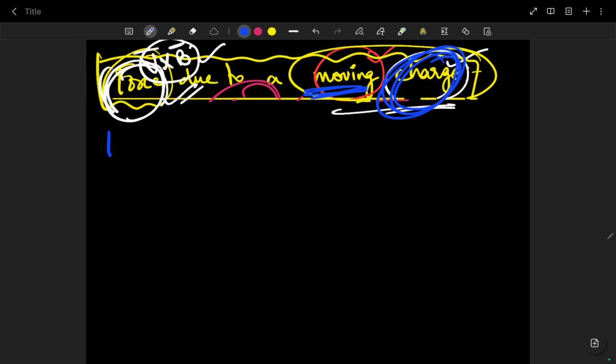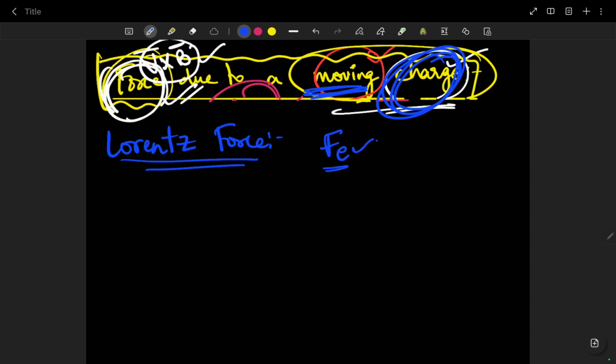Next discussion is about Lorentz force. So it is basically the vector sum, that means the total force. Obviously, now you would have understood that there are two forces that exist, right? You remember in chapter 1 we studied Fe, that means the electric field force. In this chapter you are studying Fb, that is the magnetic field force, right?